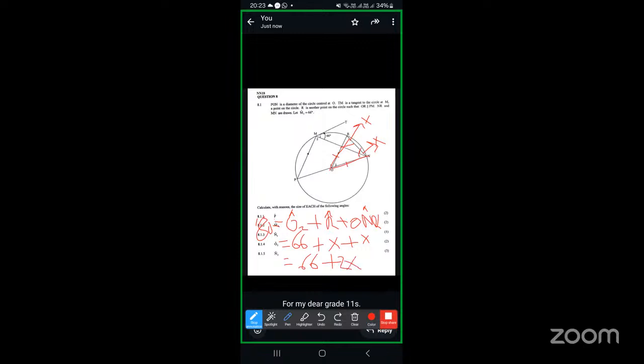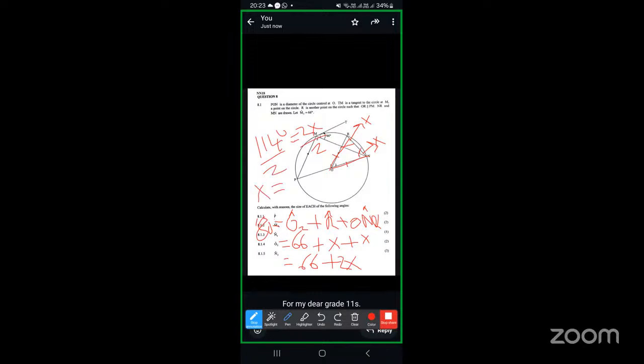Then when you get here, you can just transpose that 66 to the other side. You're going to have 180 degrees minus 66. Therefore, you're going to have 114 degrees is equal to 2x, and then you divide by 2, you divide by 2.